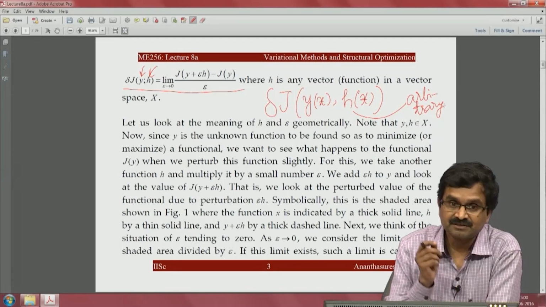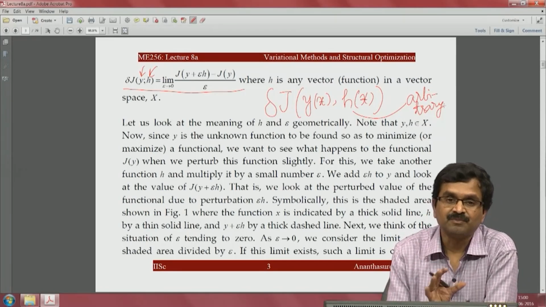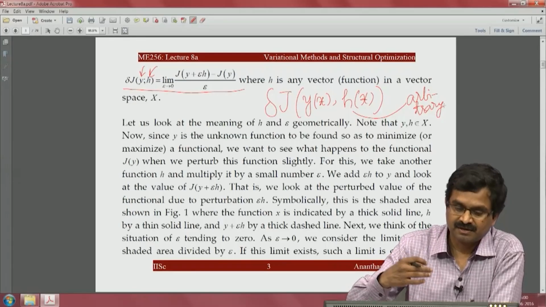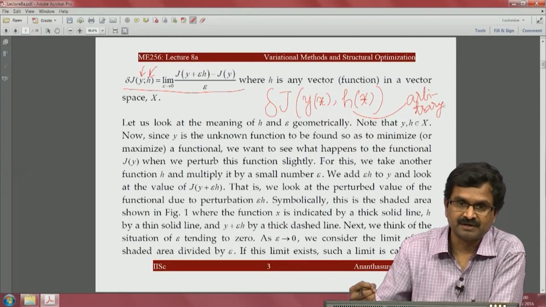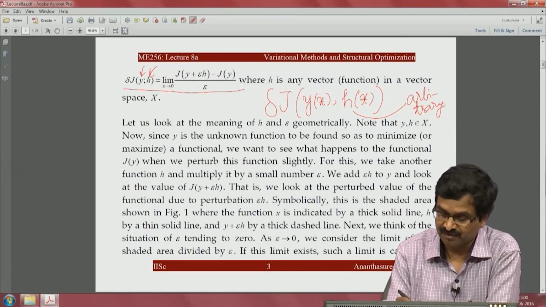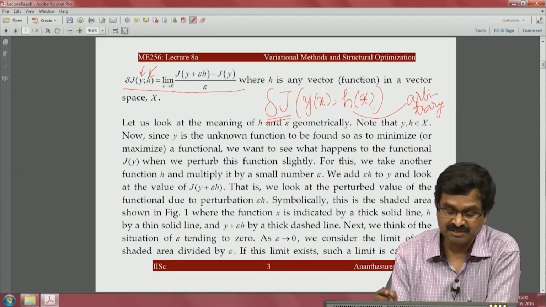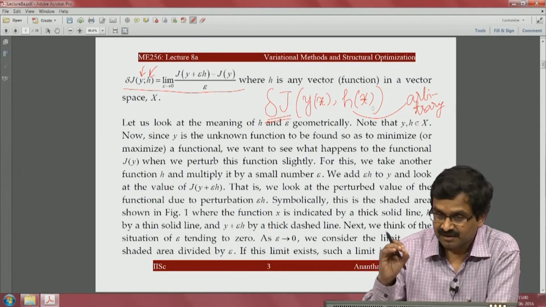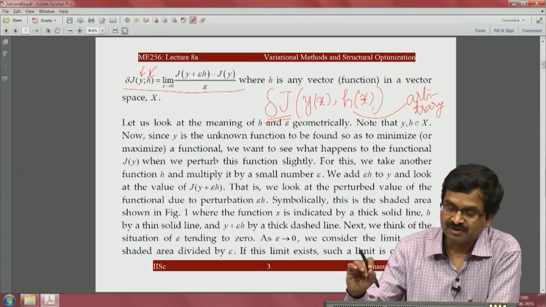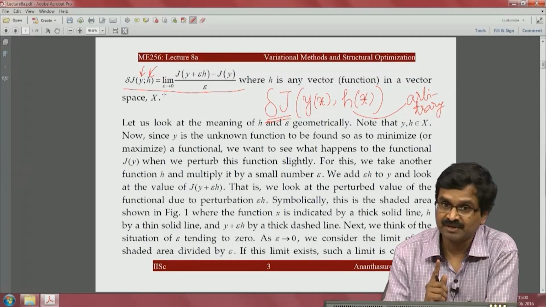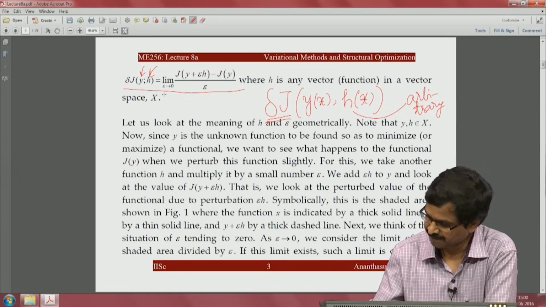So, Gateaux variation has embedded in it something that is arbitrary, that we do not have to worry about because there is a way to get out of that arbitrariness. But the definition of Gateaux variation involves this h. Whenever we write delta j, later on we may not write y and h explicitly, but it is implied that it is at a particular function and with an arbitrary function h, because only epsilon is tending to 0, but nothing happens to h, it is going to stay on.